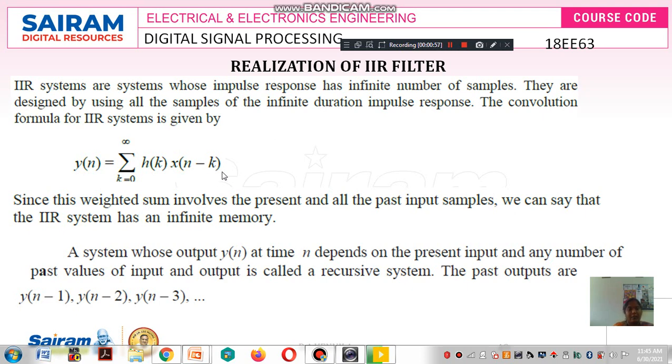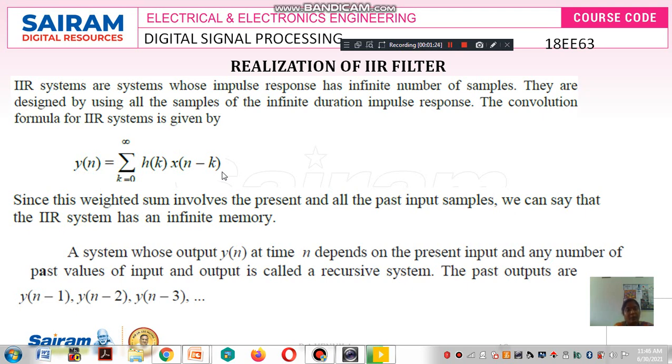The IIR system output will be represented as y of n, and the input as x of n. The past outputs will be represented as y of n minus 1, y of n minus 2, etc., and the past inputs as x of n minus 1, x of n minus 2.